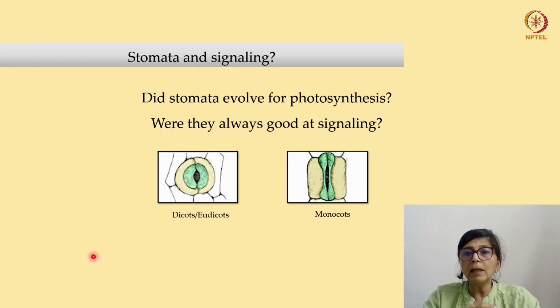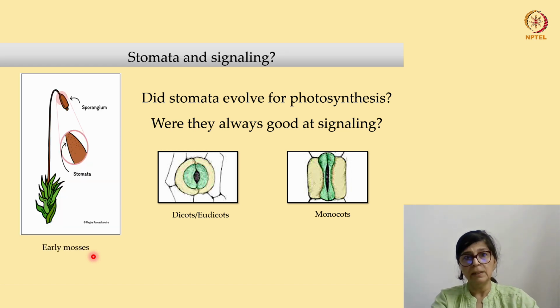So did stomata evolve for photosynthesis? Let me ask you this question. Think about it. Were they always good at sensing light and carbon dioxide, as in dicots and monocots, just as we looked? Actually not. Initially when stomata evolved, early mosses are the first land plants that you will see.